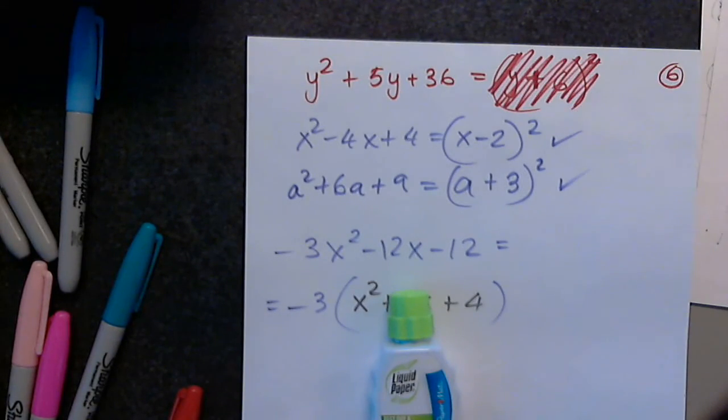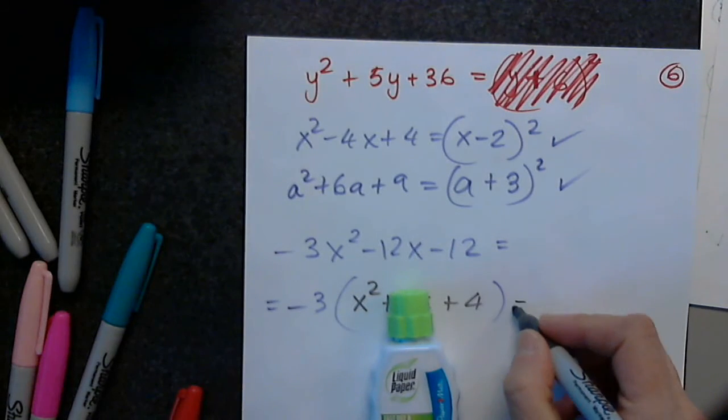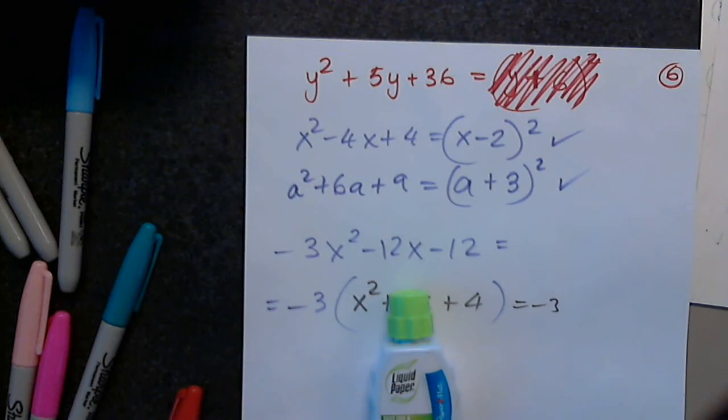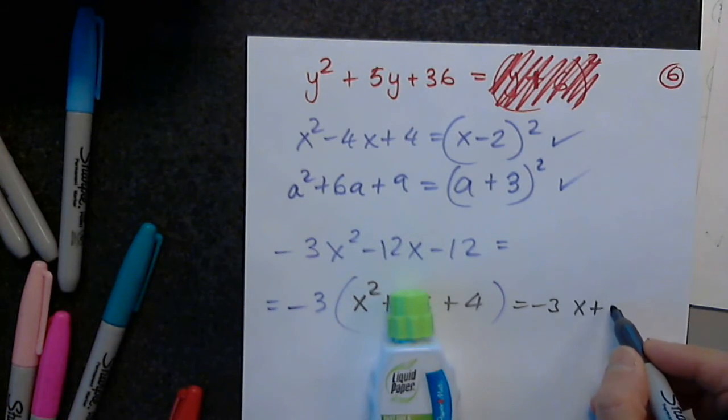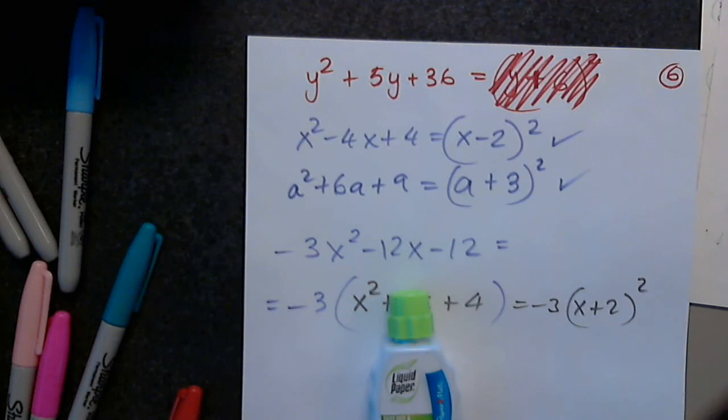Okay, so what do you expect, or hope for? Everything squared. It works only if the middle term of this expansion equals the middle term of this.